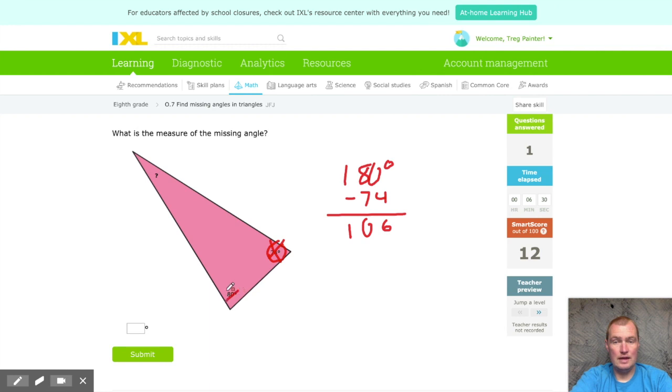Now we have an 80 here, needs to go. So let's subtract out 80 from the 106. So 106 minus 80. Yeah, we can use a calculator on this one. It's 26 degrees, and that's our remaining angle.